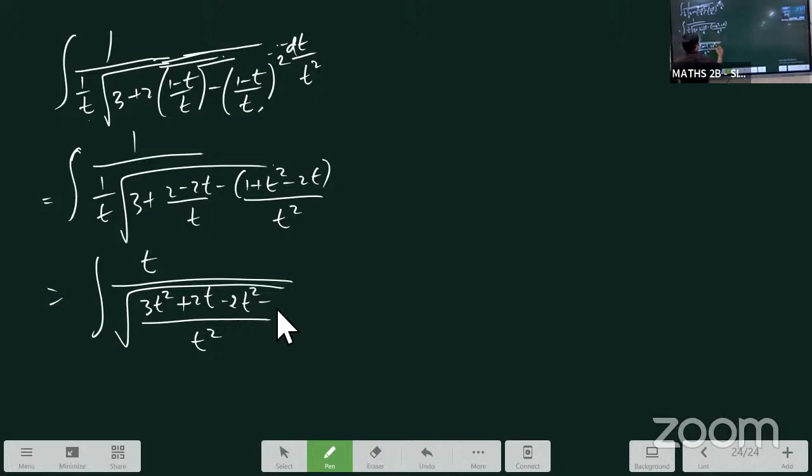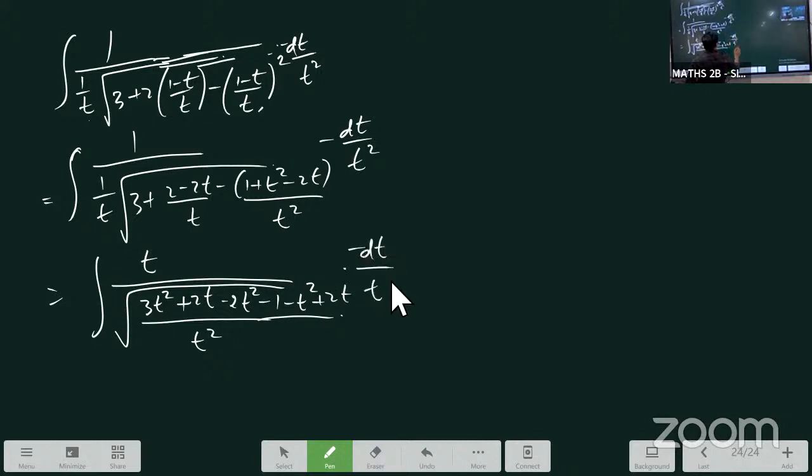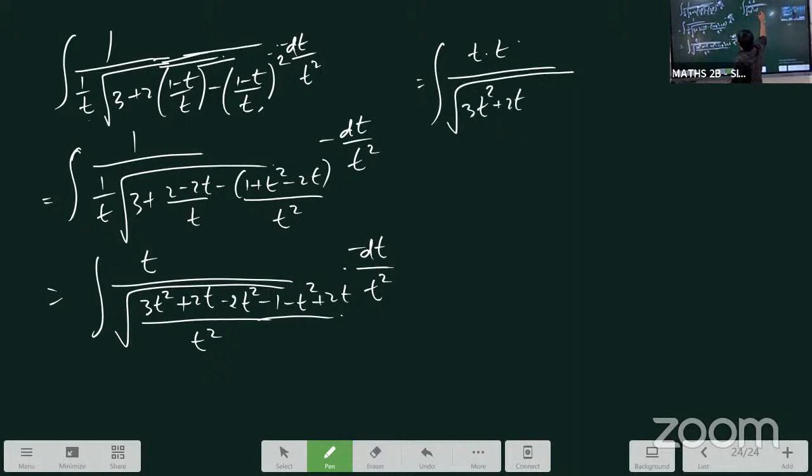Now you multiply. Minus 1 minus t square, minus into minus plus 2t. Right? And this is minus dt by t square. Is it clear? So that is nothing but integration of t into t. This t comes outside the root, it comes to the numerator by under root of 3t square plus 2t minus 3t square minus 1 plus 2t, right?